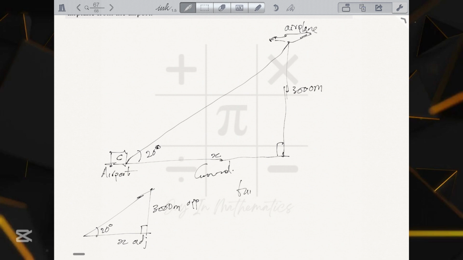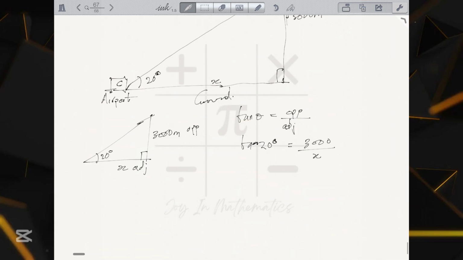So we also apply tan theta equals opposite divided by adjacent, and our theta in this case is 20 degrees. Therefore, the opposite is 3000, and we are looking for the horizontal distance x, which is the adjacent. So simplifying further, let's make x the subject of the formula. The horizontal distance x is equal to 3000 divided by tan 20 degrees.